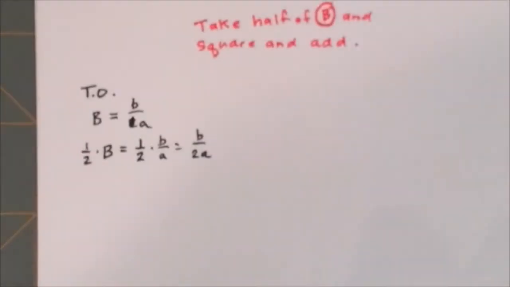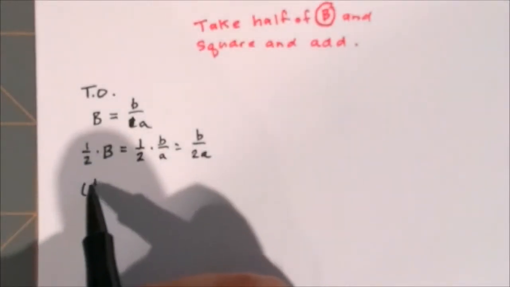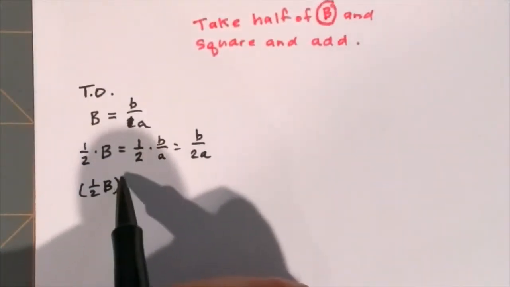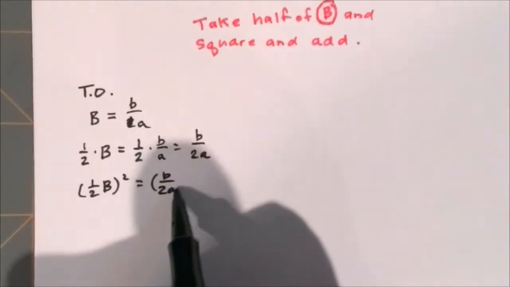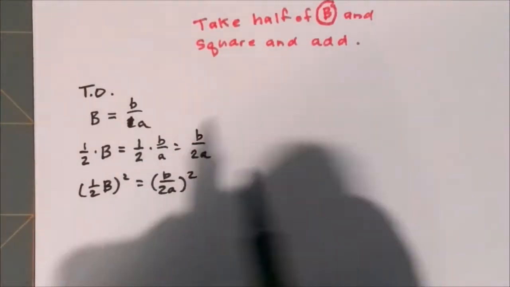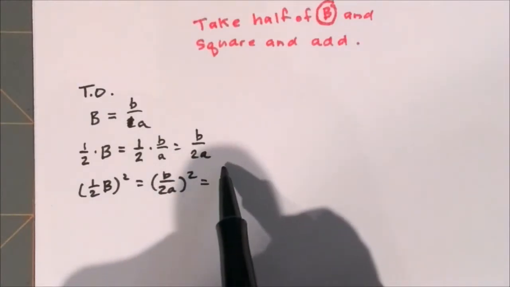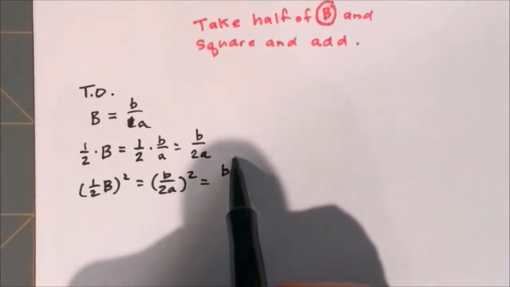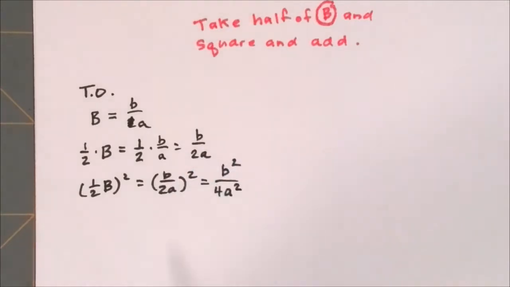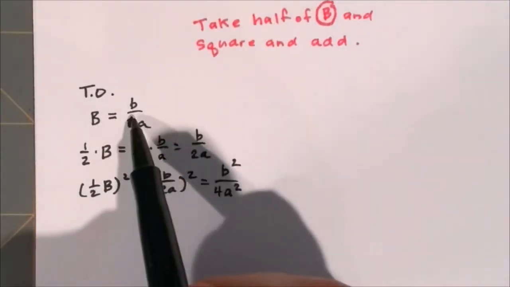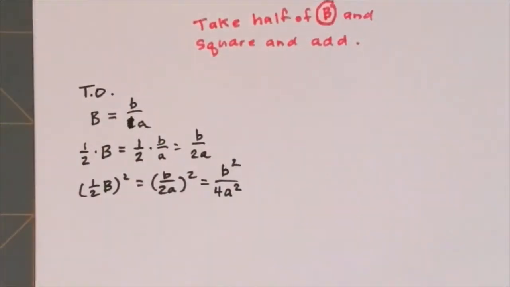So half of B squared is going to be B over 2A quantity squared, which is going to be, and this is where you're going to hate me, B squared over 4A squared. Okay, so again, I had a typo on my derivation, so I'll scratch that out.